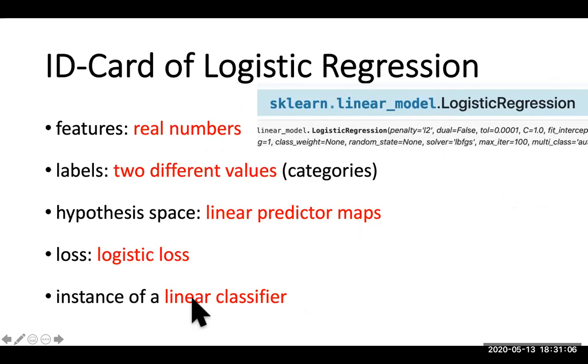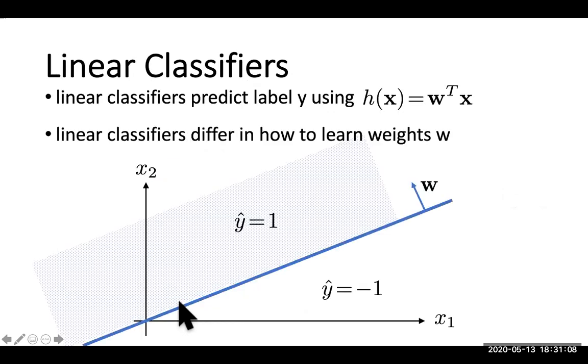Logistic regression is an example of a linear classifier, because if you look at the decision regions, they have a very simple shape. A linear classifier divides the set of all data points, based on their features, into two half spaces. One side of this hyperplane is the side where this linear function is positive and we classify as +1.